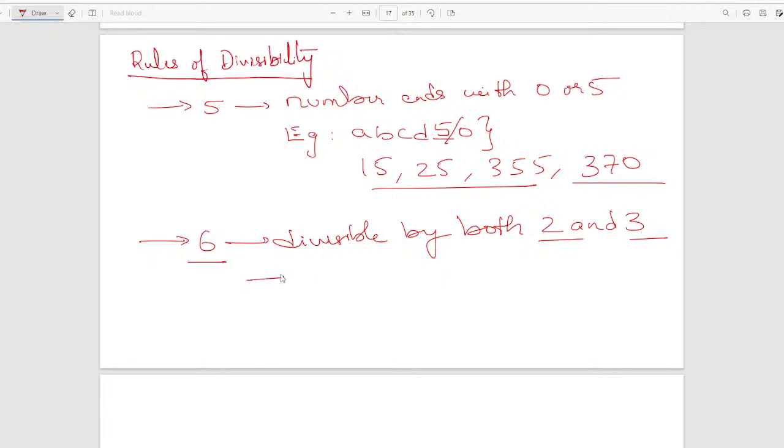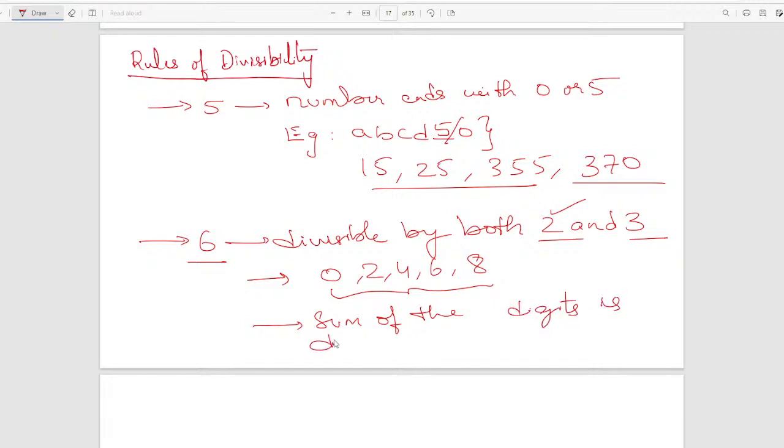A number is divisible by 2 if the unit's digit is 0, 2, 4, 6 or 8, and if the sum of the digits is divisible by 3, then it is divisible by 3. So if both these conditions are satisfied, then the number is divisible by 6.